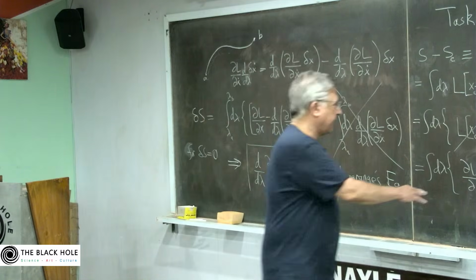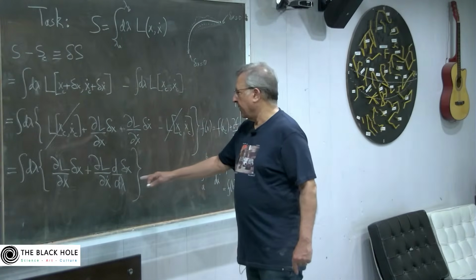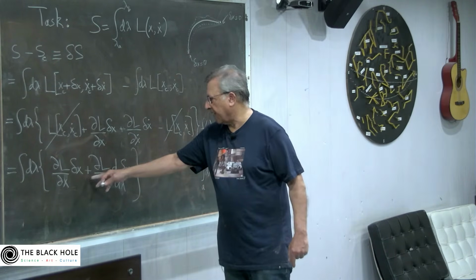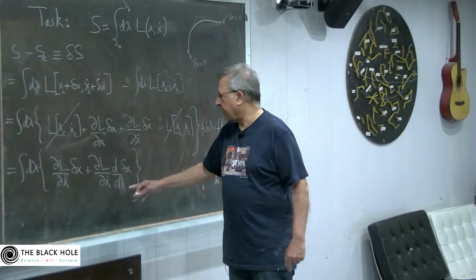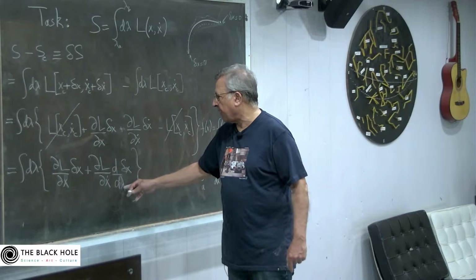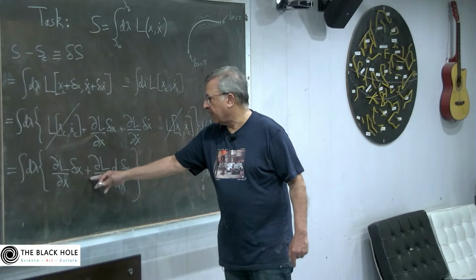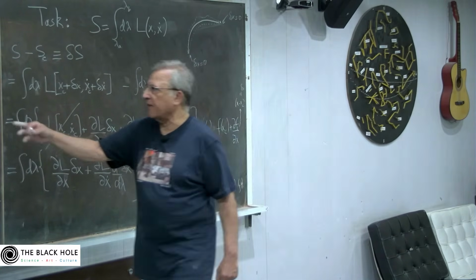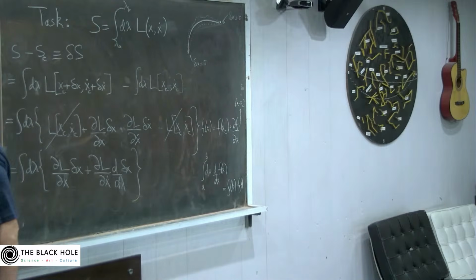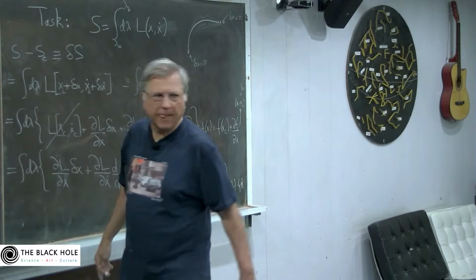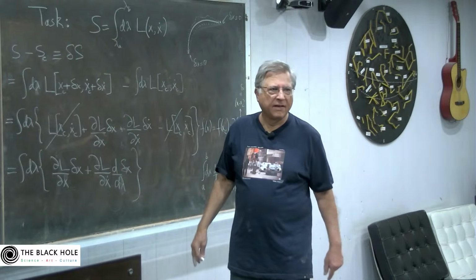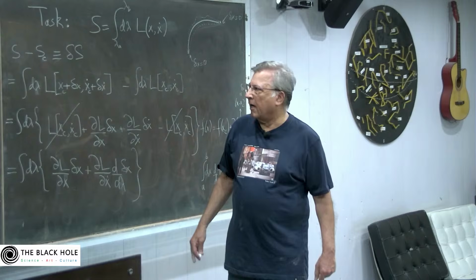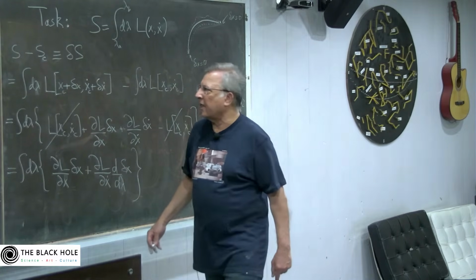Here? Yes. There was a plus sign there. There is a plus sign. Yes. So what I did was I took d by d lambda out over here and applied it, and then I use this thing. Yeah, but don't we have a plus sign in the product rule? Okay.